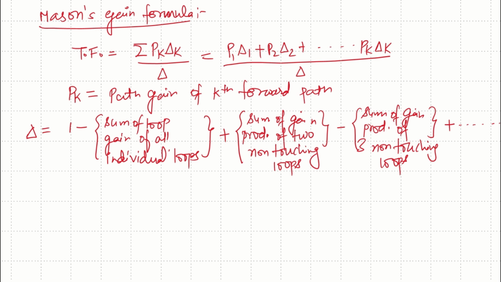So first the individual loop gains, then two non-touching loops, three non-touching loops, then four non-touching loops, and so on. So we can determine the value of delta.